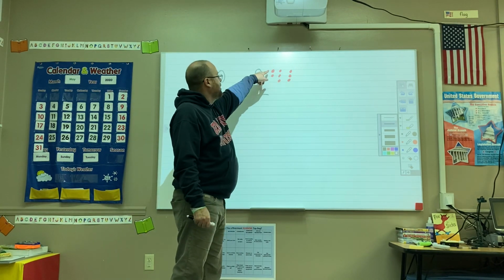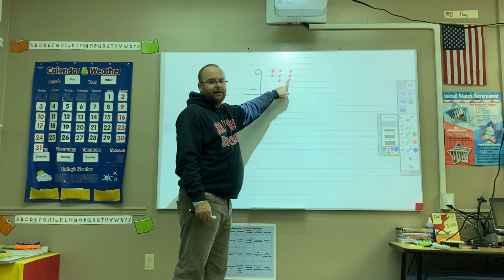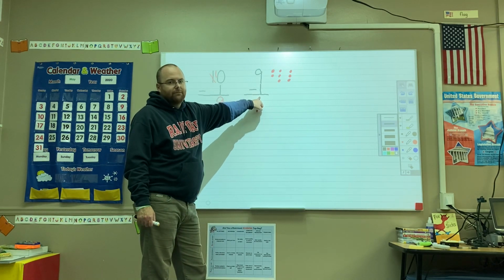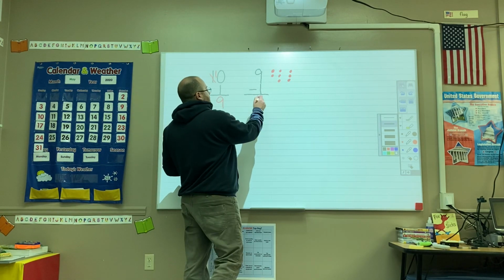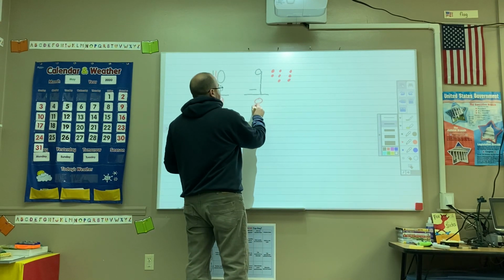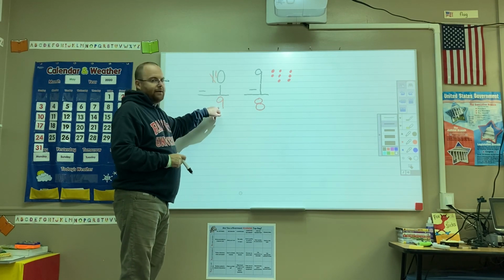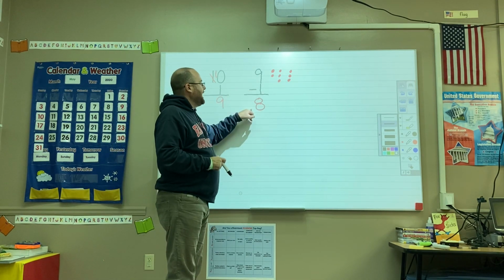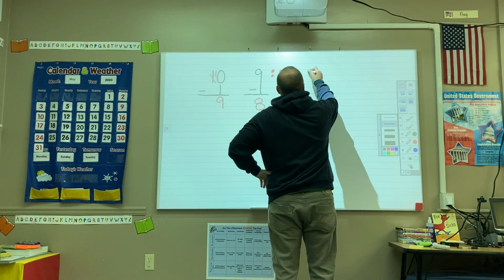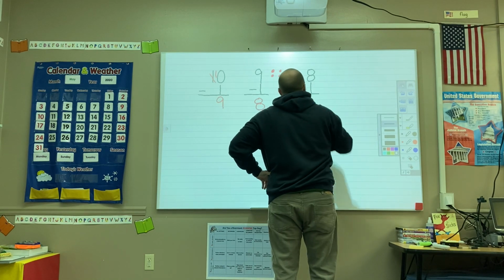Well, let's count them. 1, 2, 3, 4, 5, 6, 7, 8. 9 minus 1 equals 8. So 10 minus 1 was 9. 9 minus 1 is 8. I wonder what 8 minus 1 will be. Let's try that. 8 minus 1 equals what?